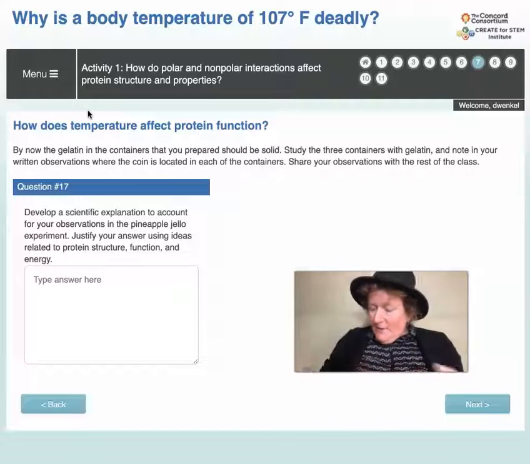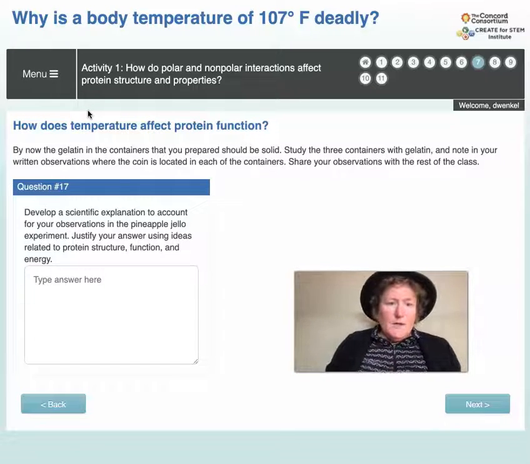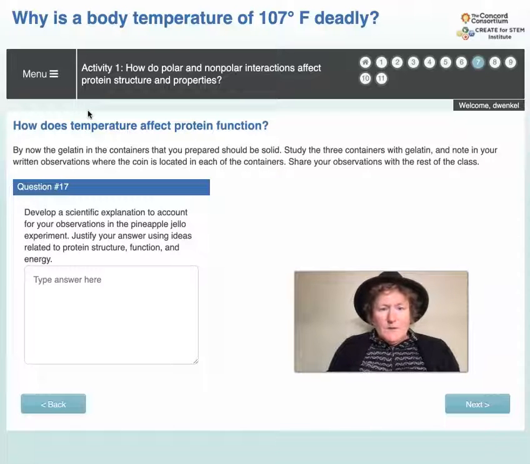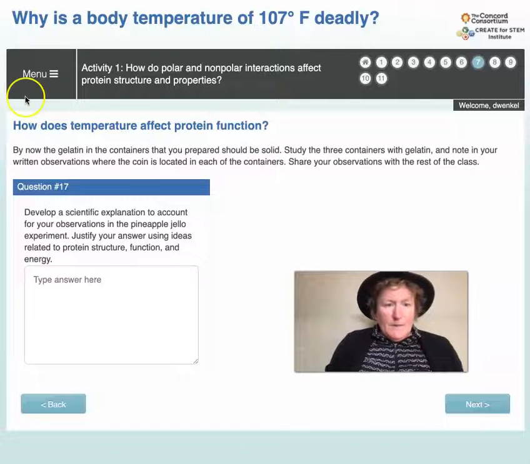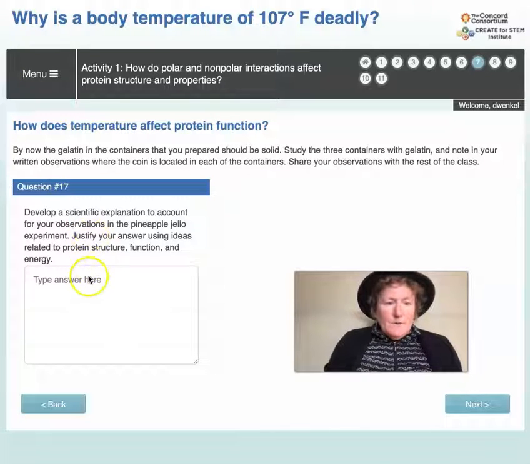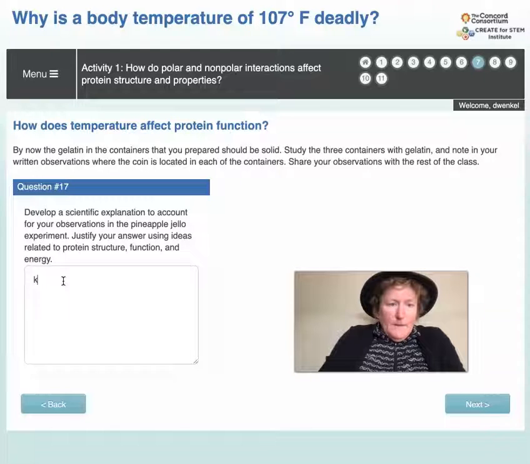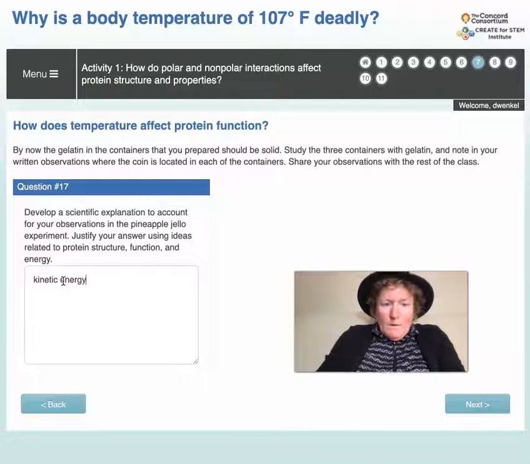So let's think about a scientific explanation to account for our observations in the pineapple Jello experiment. Let's justify our answer using ideas related to protein structure, function, and energy. So let's think about kinetic energy added to the boiled pineapple.